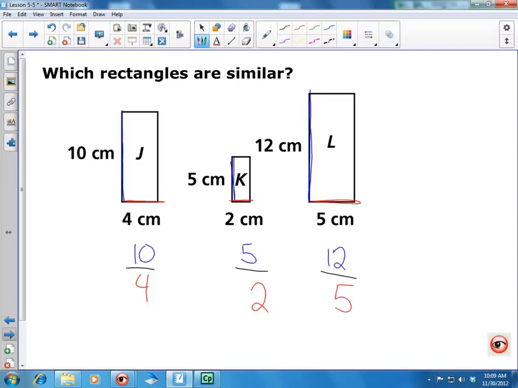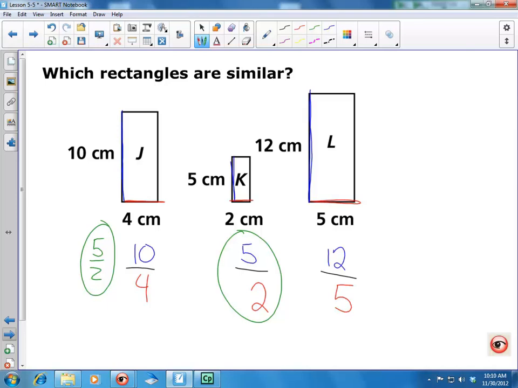Now, what it's asking us to do is determine which of these ratios are equal to each other. Whenever we determine which ones are equal to each other, that's which ones are going to be proportional. Well, 10 over 4 here, if we simplified that, would give us 5 over 2. Hey, look, we got 5 over 2 over here, too. So obviously this one and this one are, but let's take a look at 12 over 5. Well, 2 won't go into both of those, so we can't simplify that one any more than it is.